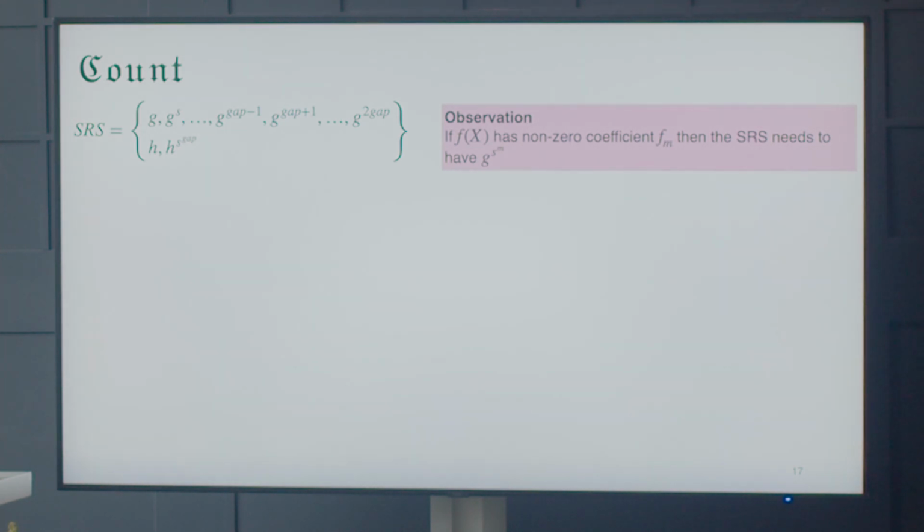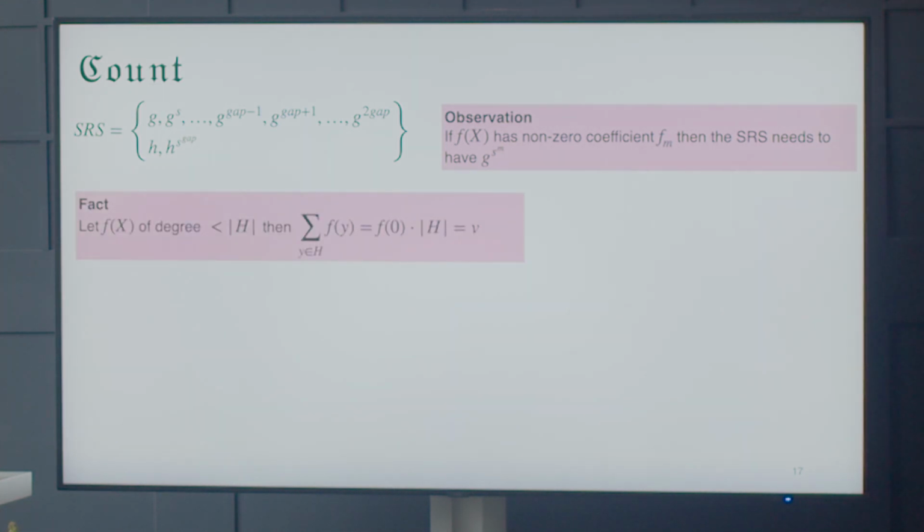We modify our trusted setup a bit and introduce a gap. Our trusted setup is now g^s up to g^(s^(gap-1)), then g^(s^(gap+1)) up to g^(s^(2 gap)). So basically the adversary, the prover, cannot commit to polynomials that have a non-zero coefficient next to x^gap.